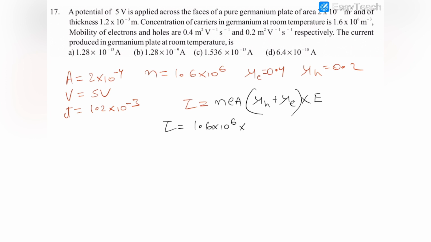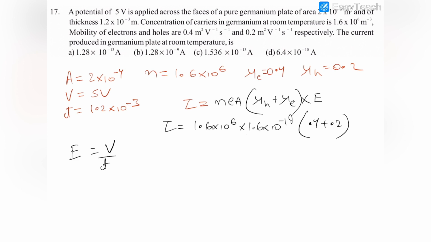So electronic charge has a value which is 1.6 into 10 raised to power minus 19, and the value of this mu is 0.4 plus 0.2, and electric field E will be delta V upon thickness.